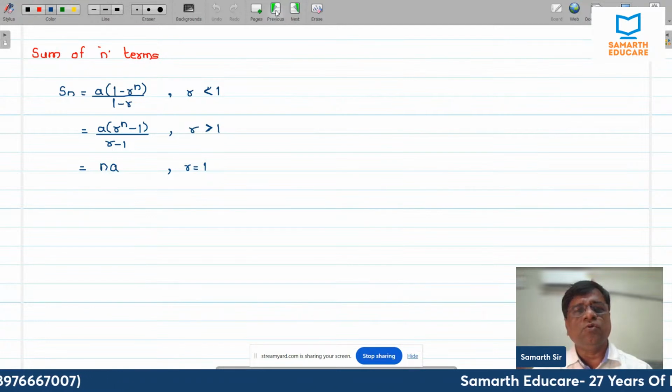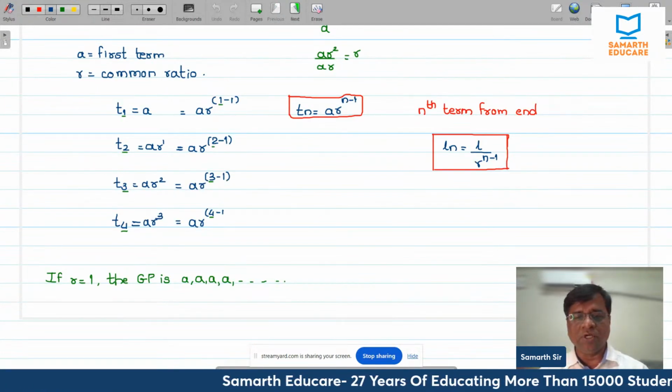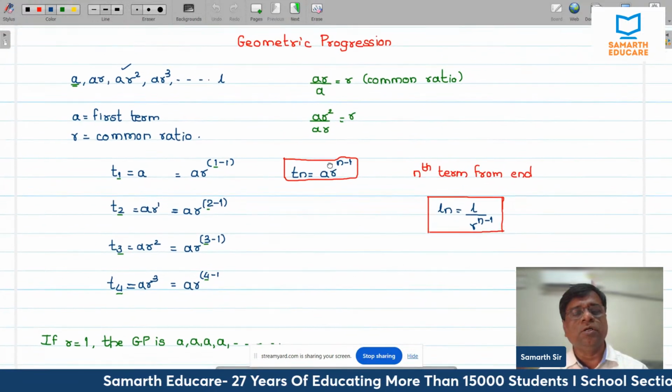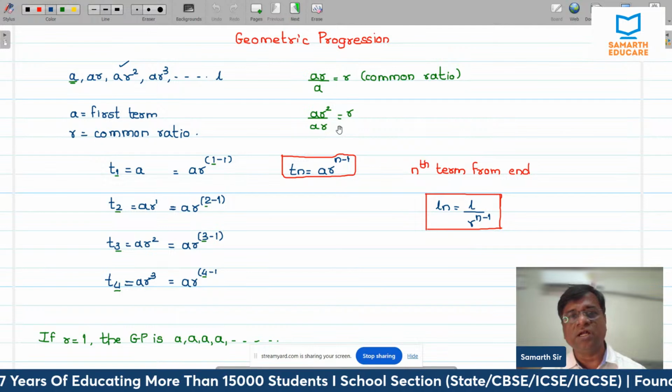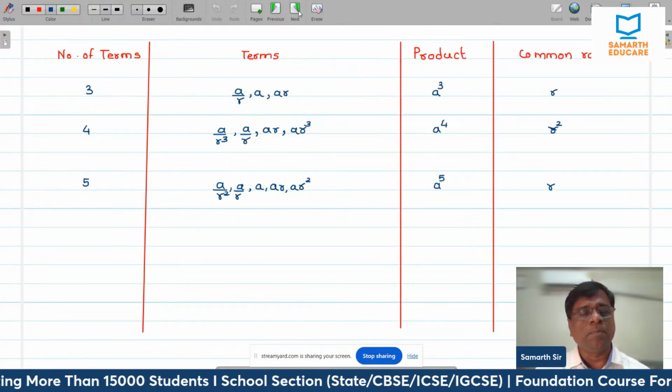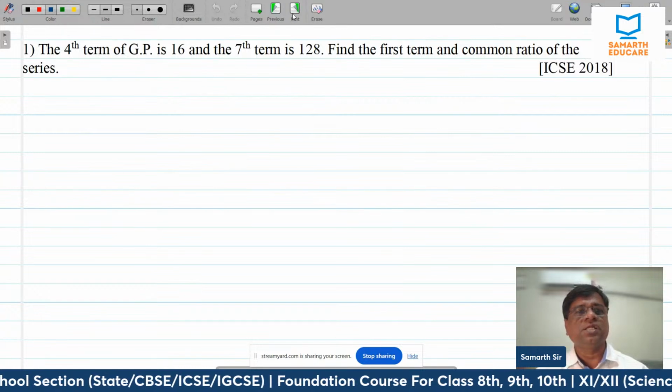So these are the only concepts which we have to consider when we are doing a geometric progression. The way in which the questions are asked in the exams is similar to that asked in arithmetic progression. All right, let us understand the questions.